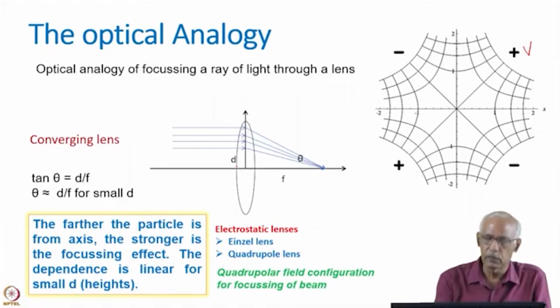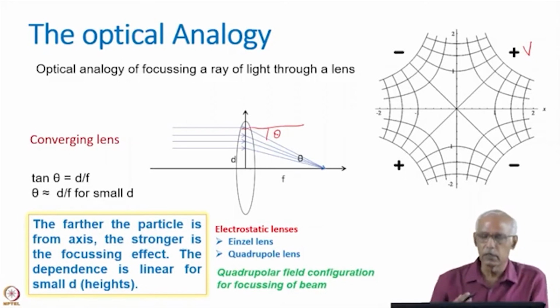So the beam which is coming very close to the axis will go almost parallel, but the beam which is hitting the lens at larger d's will have much larger deflection angles. So theta depends on d, the distance from the optical axis to the place where the beam is hitting the lens.